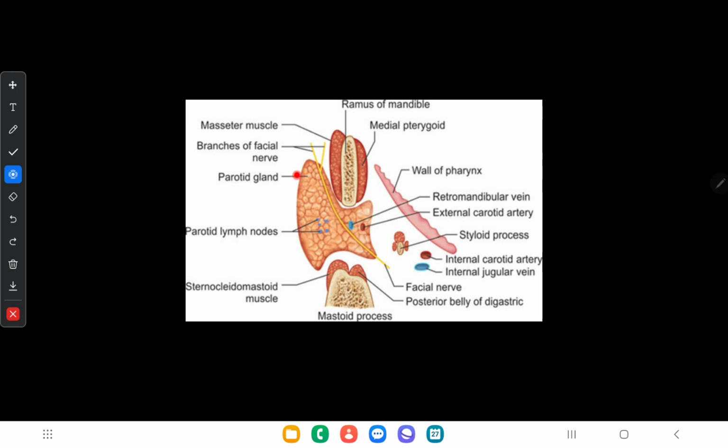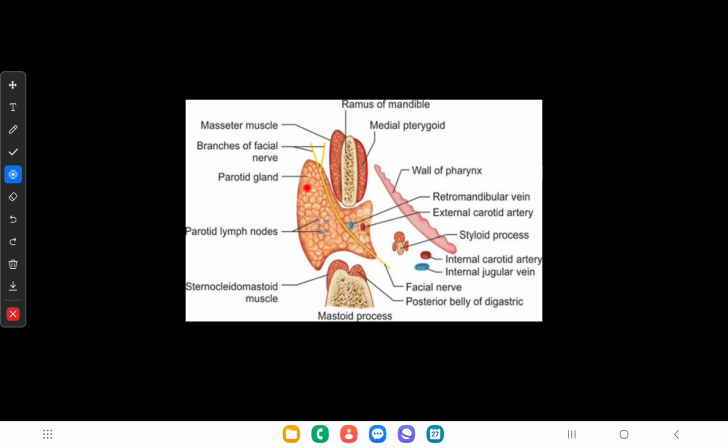When we talk about the contents of the parotid gland, the facial nerve enters the gland through its posteromedial surface, and it divides in the gland into two main divisions called temporofacial and cervicofacial, from which terminal branches arise.